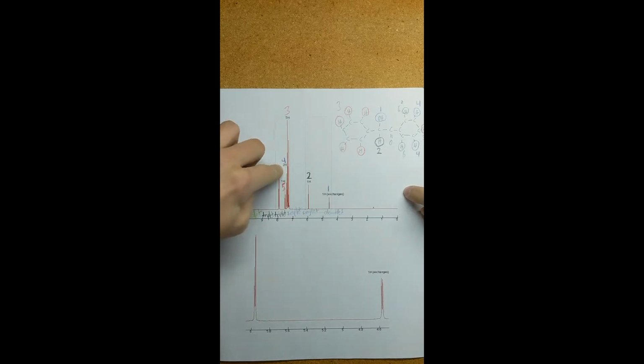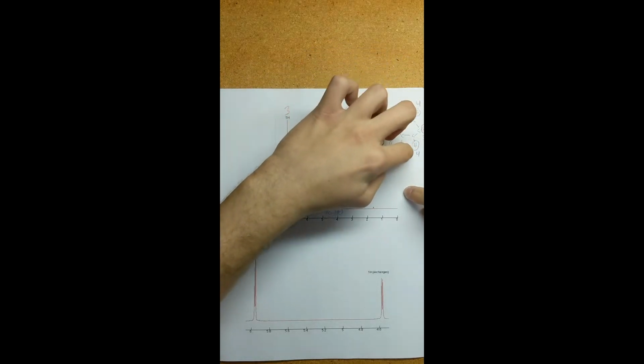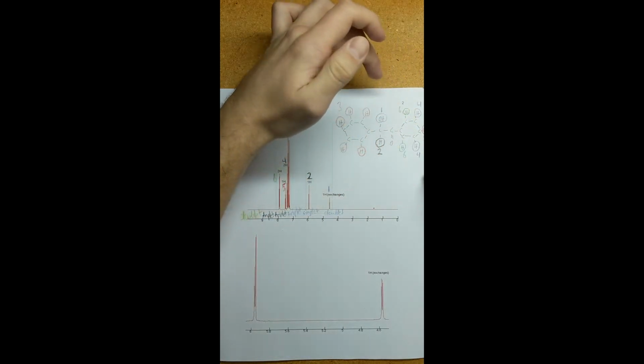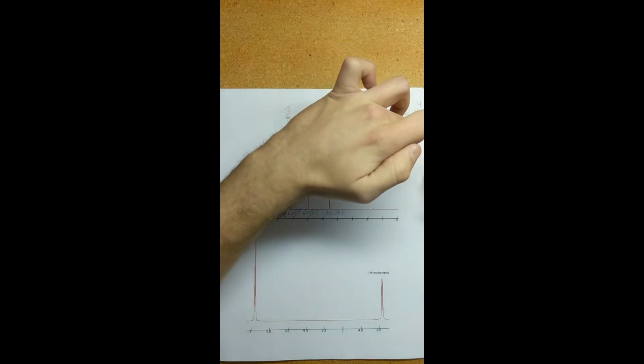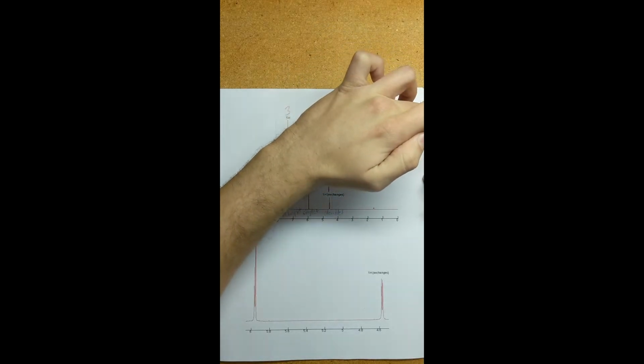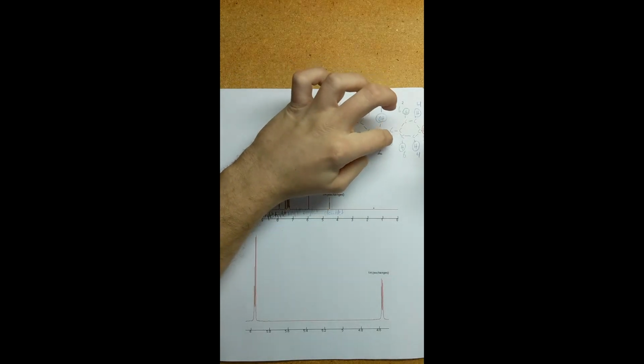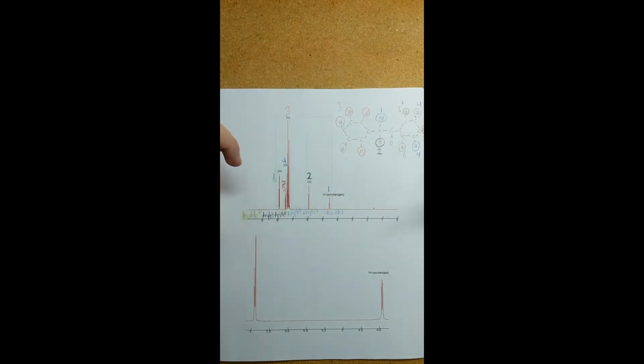At this integration of 2H, the number 4 has been labeled with these protons here because they are less deshielded than these two for number 6, as well as this one for number 5, due to the 3D structure that would put it closer to this double bonded oxygen.